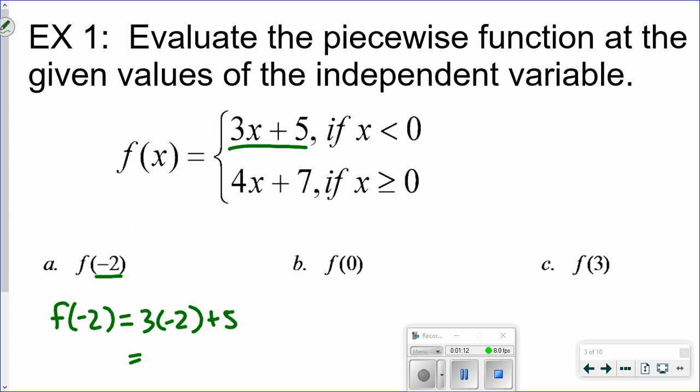Okay, so then that gives me -1. Okay. For f of 0, well, I have to find the one that's equal to 0. So that would be right here, this one. F of 0. Okay.